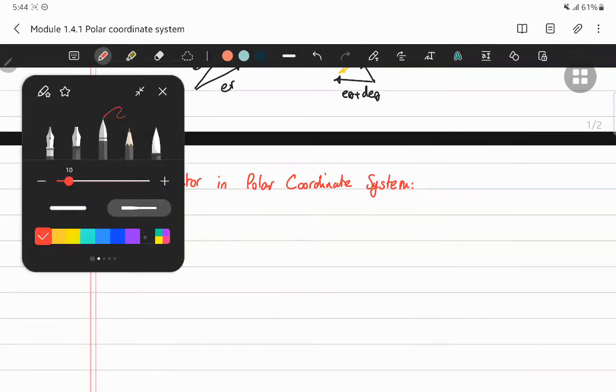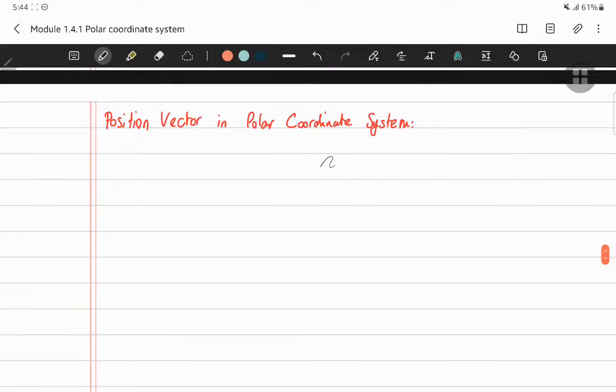In polar coordinate system, we use just r is equal to r er, and here I use this vector, so this r here is bold. With this position vector, you can specify any point.